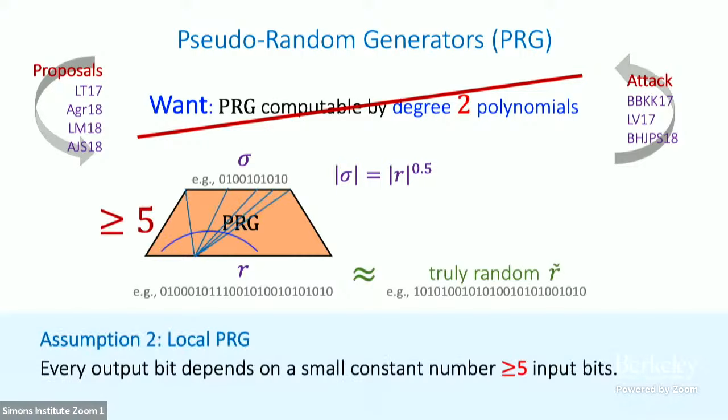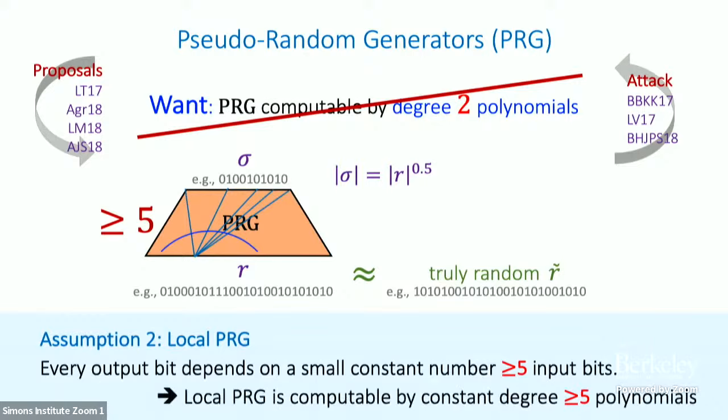So the simplest PRG that we do have has this local structure, which means that every output bit depends on just a constant number of input bits. However, that number must be at least 5. And this structure immediately implies that such PRGs can be computed using low degree polynomials. However, again, the degree is at least 5.